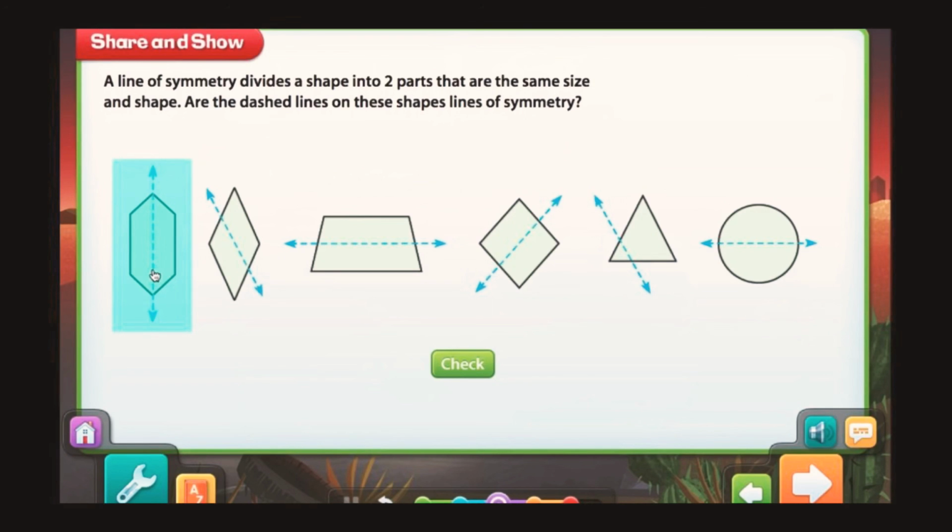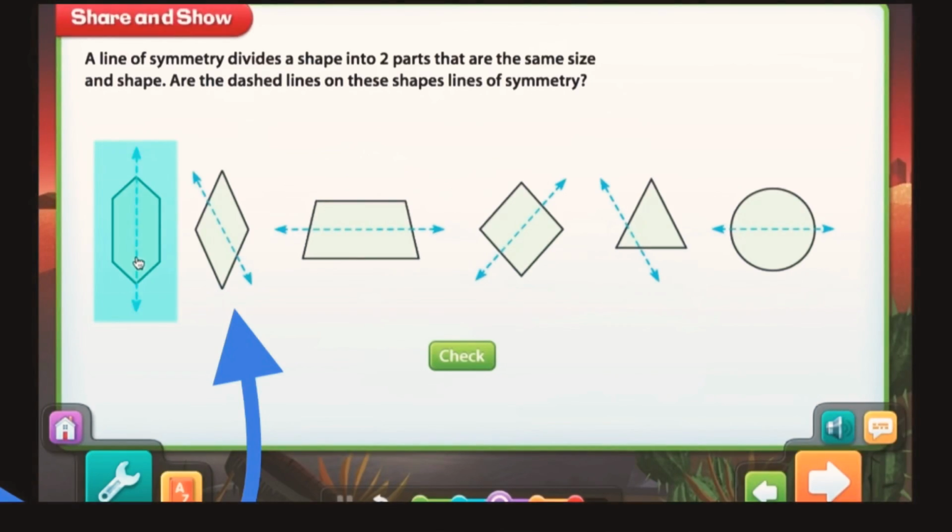Let's take a look. This first polygon here is showing the line of symmetry going right down the center, vertically. And if you look, both sides match up completely. So yes, that is showing a line of symmetry. Let's take a look at the next one. Does this show a line of symmetry?